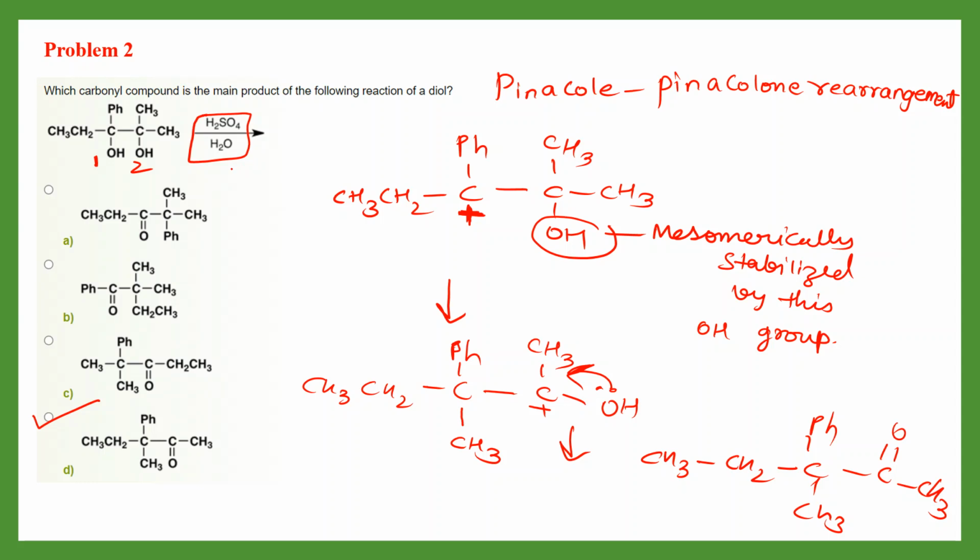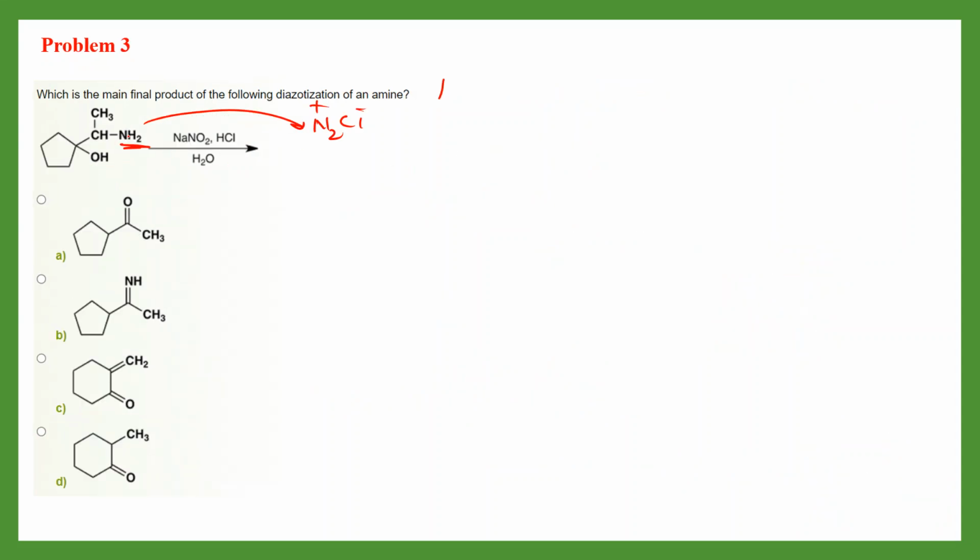Here, what was the leaving group? H2O molecule. Understood now how H2O leaves? It is going to protonate here and leave as H2O. In the same way, here N2 positive will move. So correct, this is the name reaction.